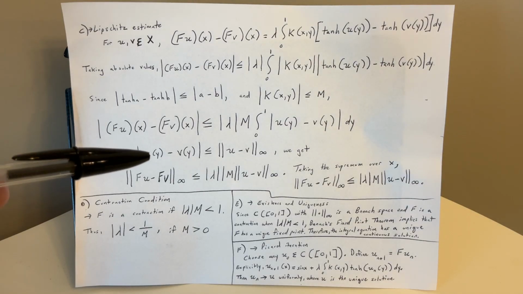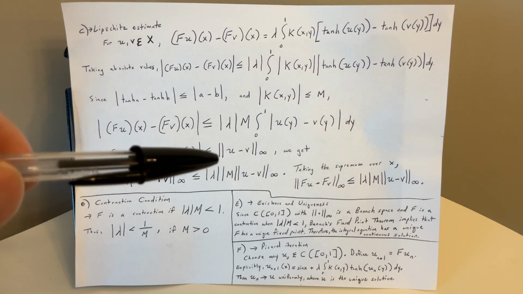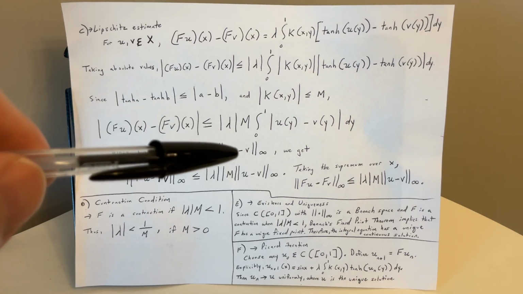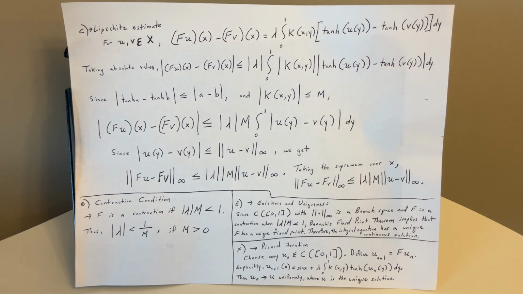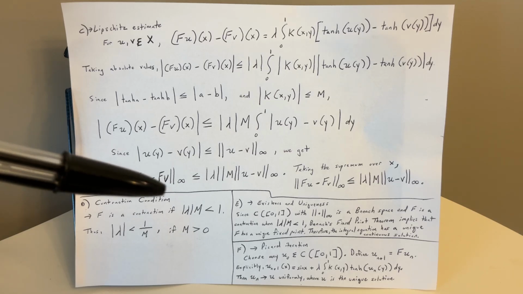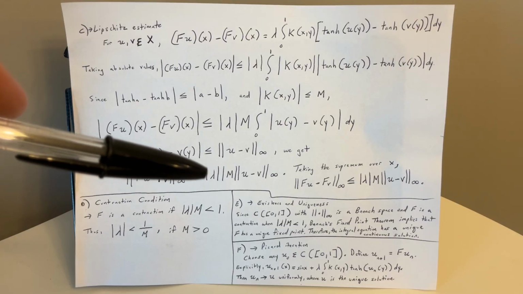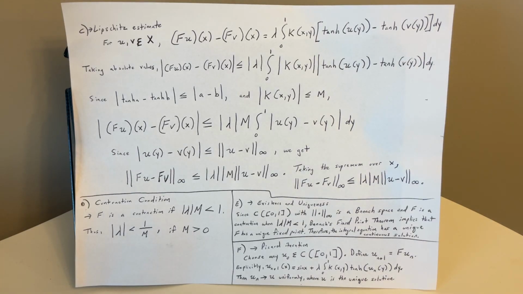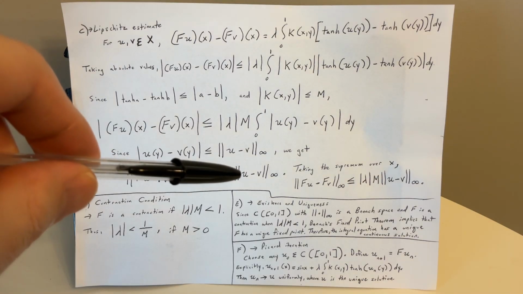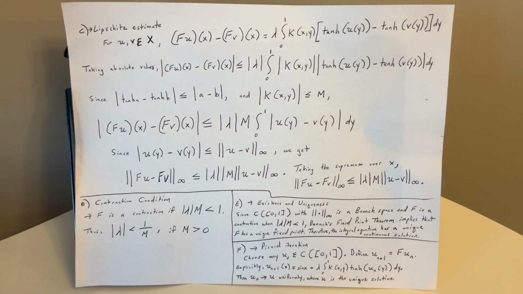And since that is less than or equal to the norm of u minus v, infinity, we get the norm of F u minus F v, infinity, less than or equal to the absolute value of lambda times M times the norm of u minus v, infinity; some people would say the norm of u minus v infinity, and I've heard it said both ways.